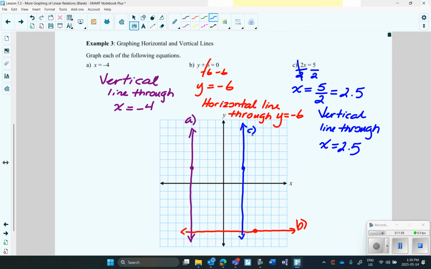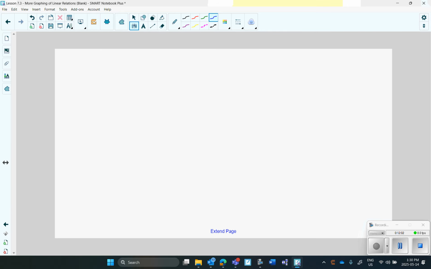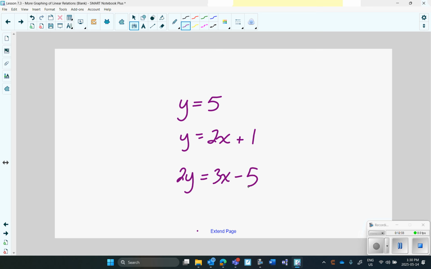So before, you don't have to write these down. I'm going to write an equation. You're going to tell me whether it's horizontal, vertical, or slanted. Okay? Horizontal. Vertical. Okay.